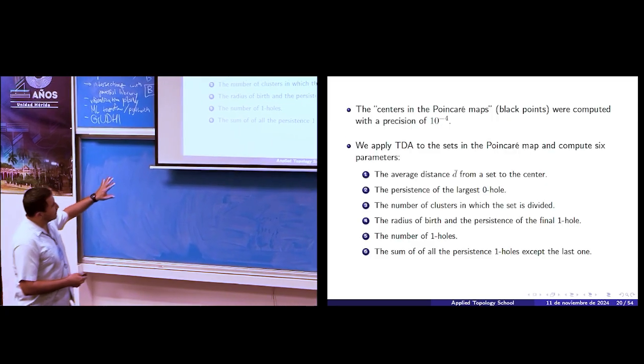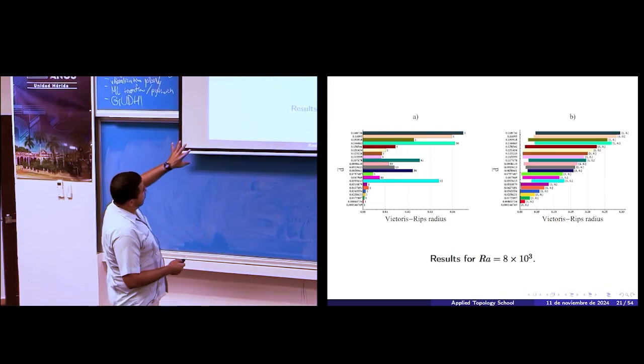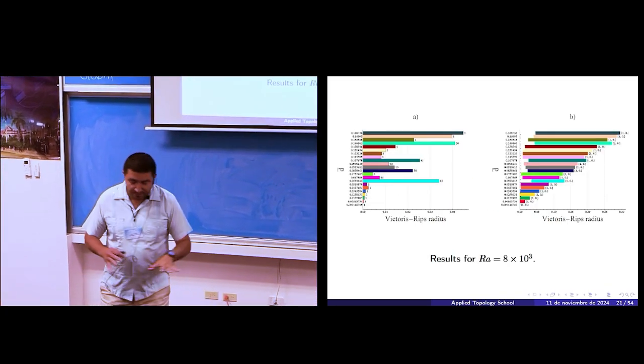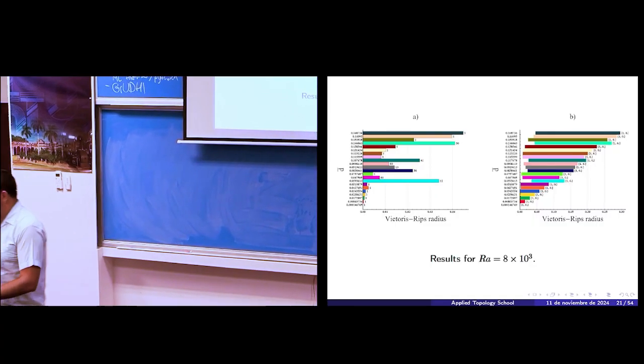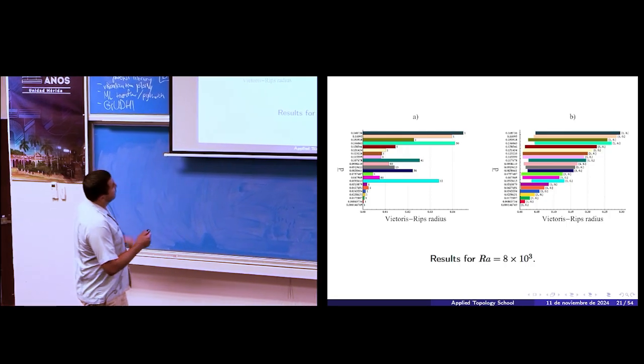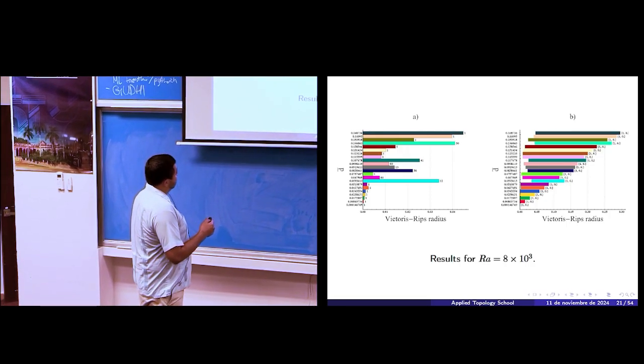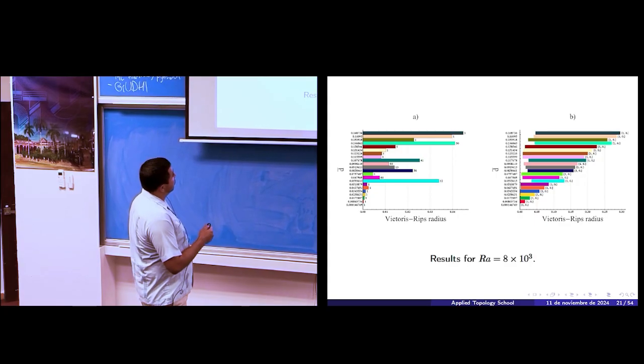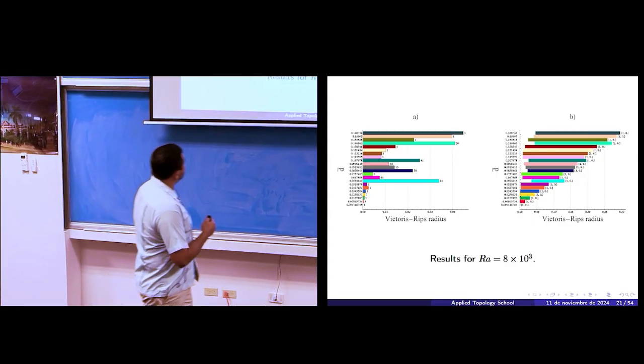Why these parameters? Let me show you how these parameters can describe some properties of the Lagrangian orbit. These are bars obtained with TDA. These are the bars for the 0 homology, and these are the bars for the 1 homology.